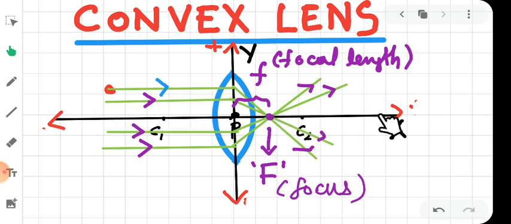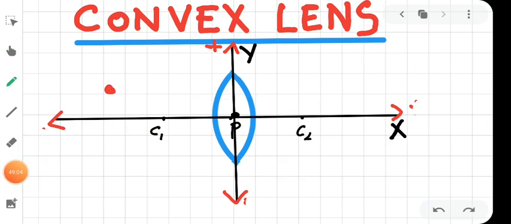And such a focus which lies on the principal axis is known as principal focus. So that's the principal focus. So let me just go back to the secondary. What you need to understand is that any ray running parallel to the principal axis will go through the focus.